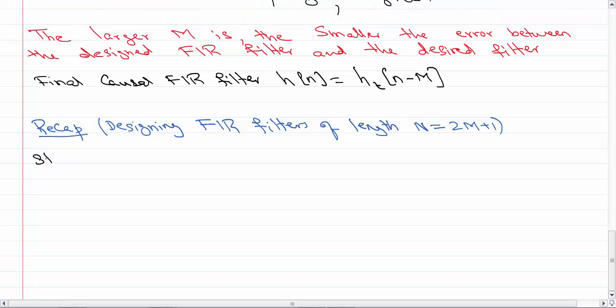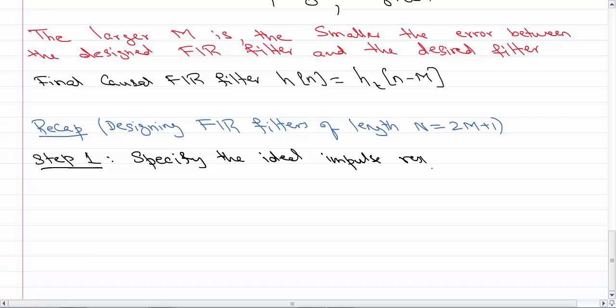Step 1, you specify the ideal impulse response, Hd of n. You start with the frequency response, and you compute the inverse Fourier transform to specify the desired impulse response.